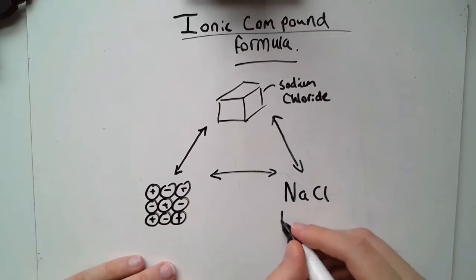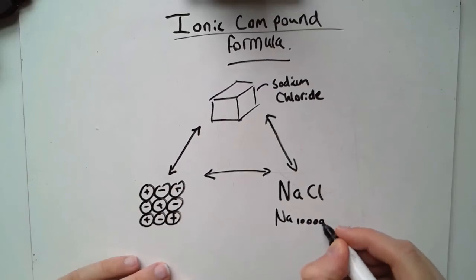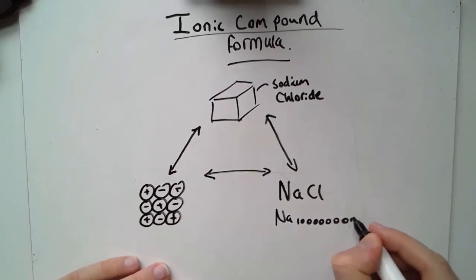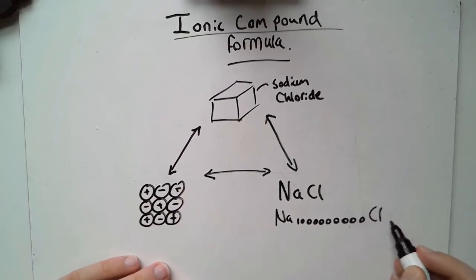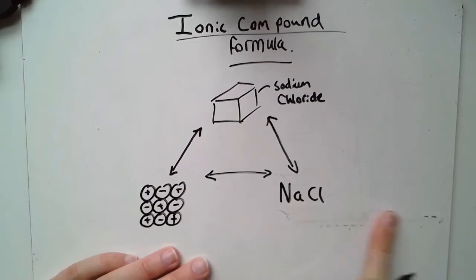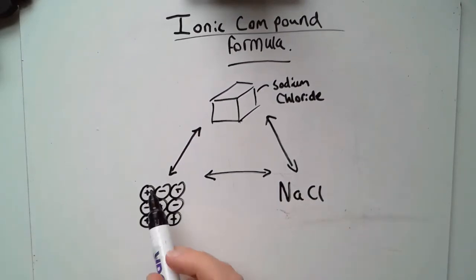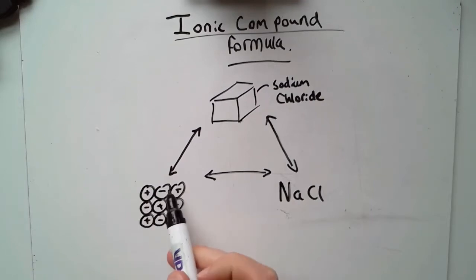We wouldn't write sodium followed by 1, 2, 3, 4, 5, 6, 7, 8. We wouldn't write that as the formula, because we don't know how many ions are actually in a giant substance, and so we need to simplify the formula down, and we do it using this formula here, NaCl. We say the ratio, every sodium ion has got one chloride ion to go with it.